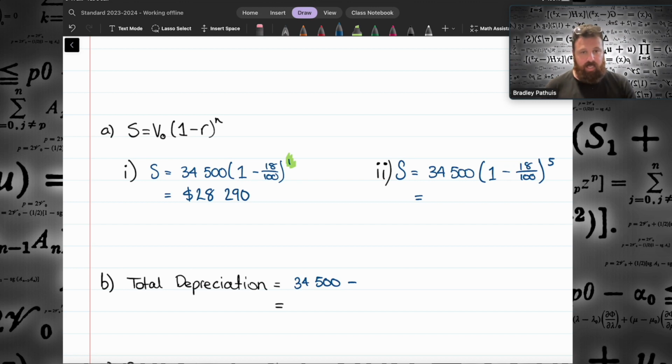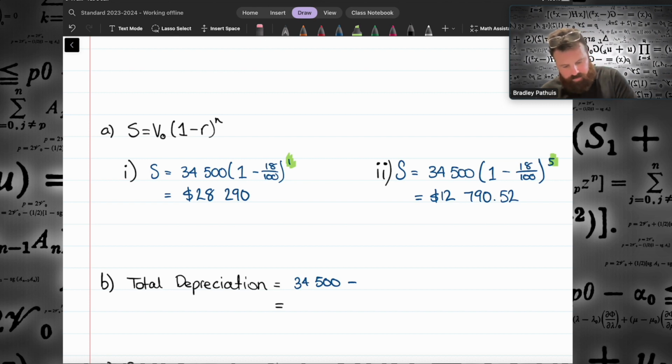For part 2, it asks how much is it worth after 5 years. Again, all we're doing there for 5 years is now changing our n to equal 5, plug that on our calculator, and when we do that, we get $12,790.52.